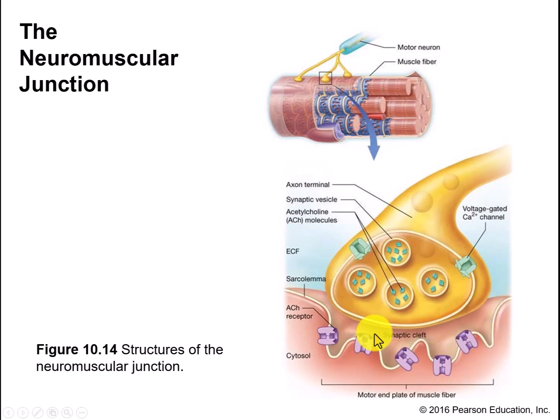And so the gap in between there is called our synaptic cleft. The area in which we have the synaptic cleft is referred to as our motor end plate of the muscle fiber. And within that motor end plate, we have several ligand-gated channels that are specific for acetylcholine. They have the acetylcholine receptor on them. And so that's the makeup of our neuromuscular junction.